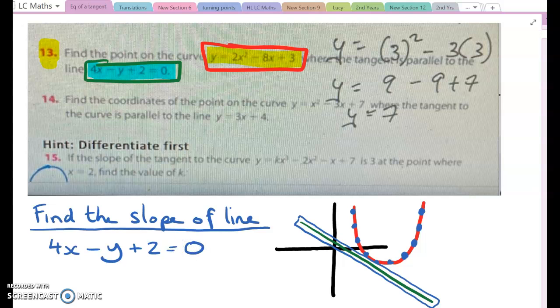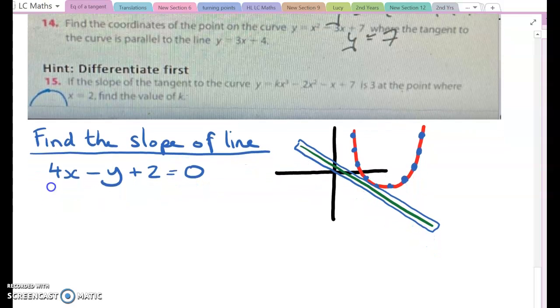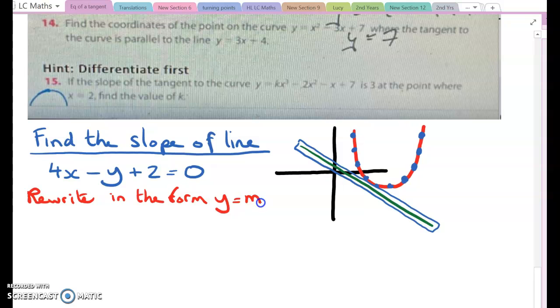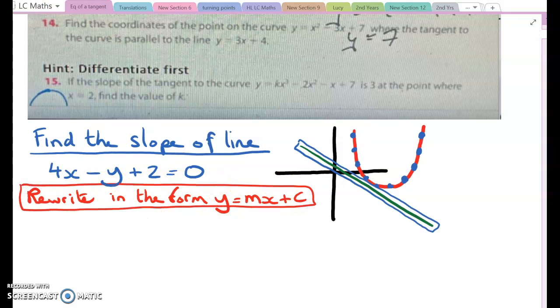When all you've been given is the equation of a line and you want to find the slope, you have to rewrite the equation in the form y equals mx plus c. By doing that, we'll be able to find the slope, because the slope will be whatever number is in front of the x.